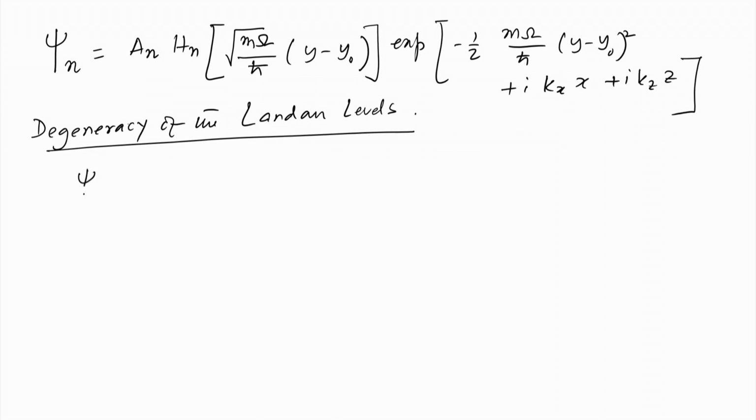So, one can note from the periodicity of the solution, suppose you confine the system in a box which has length L on all sides.